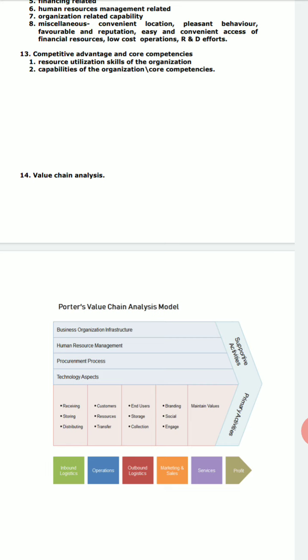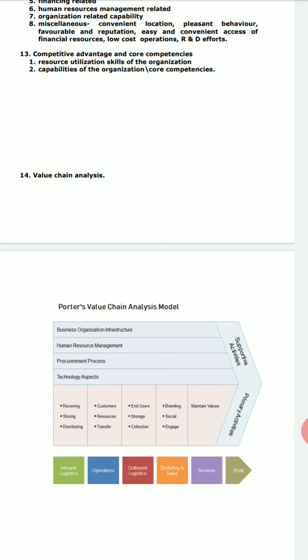Competitive advantage has different dimensions, which we will learn under 3 different heads, that is, how a competitive advantage can be gained. It can be gained through the resource utilization skill of the organization, through using the capabilities of the organization, or through having core competencies.